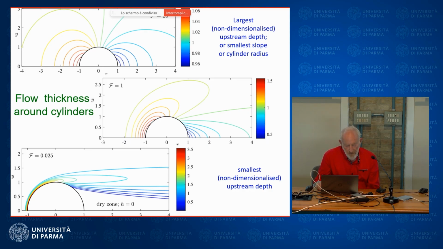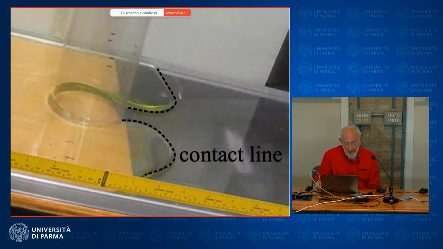You can't have overtopping or not overtopping, because this is a cylinder, which I'll show you in the lab in a minute, but it indicates when there's a dry zone. And that's one of the things that you really want to know. A, when will there be a dry zone? B, can you build houses so that there'll be a dry zone behind them, or what sort of topography or barriers, as we'll see.